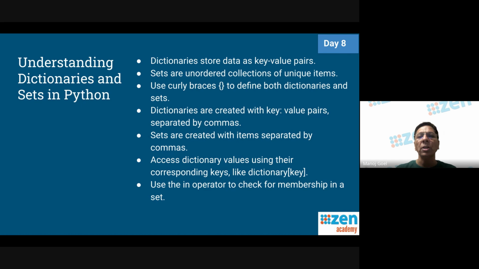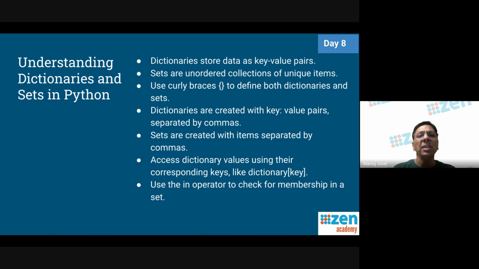We cannot do that with sets. And for dictionaries, we access the elements using the keys. So if you want to access something, you write the dictionary name, and then within square brackets you put the key, and that's how you access the value from within the dictionary.